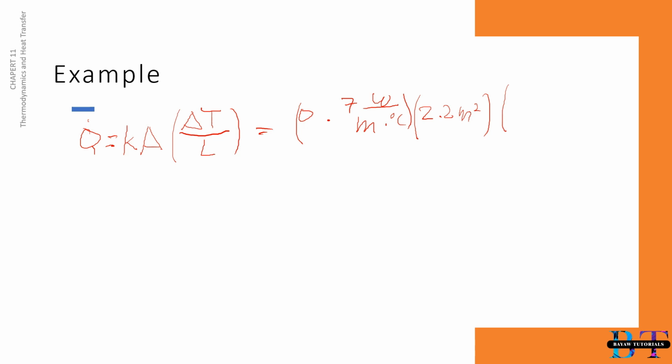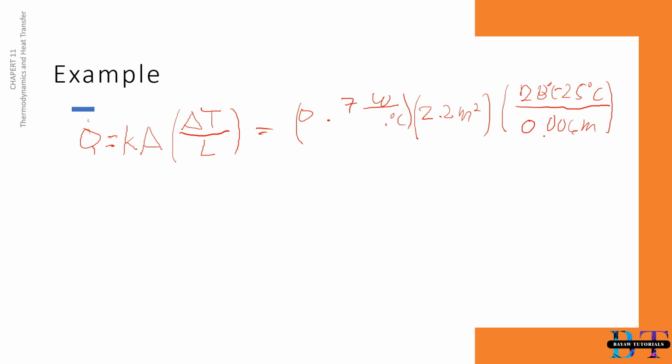So we have 28 minus 25 degrees Celsius over the thickness, which is equal to 0.006 meter.